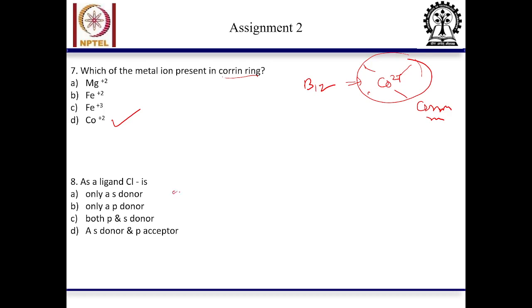The options are: sigma donor, pi donor, sigma and pi donor, sigma donor and pi acceptor. Can anyone just tell me? Anyone else?